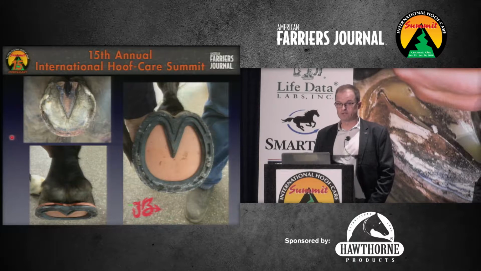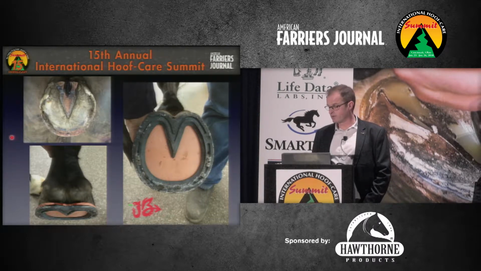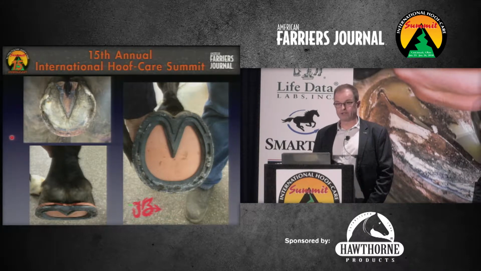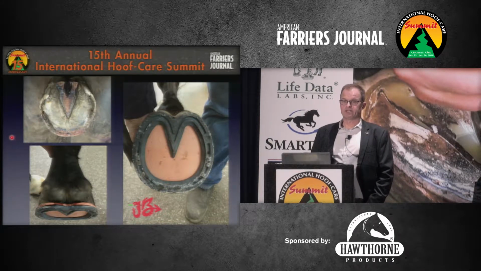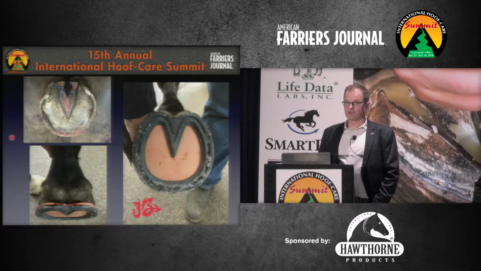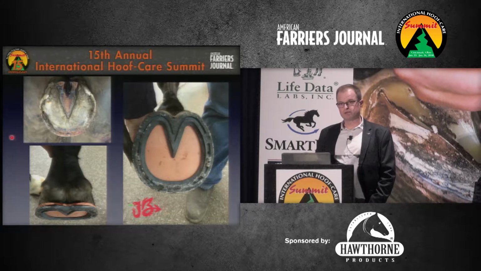So I knew with that horse, whatever I was going to do with him was going to be protect and support. This is a method that I use a lot: leather pad with a heart bar. JBs work just fine for me. I know some people have preferences, but Jim's with a leather, and I put magic cushion underneath as well. And I find that when I go back to the foot, I've got good live sole. I've protected the sole. I've not put it under a lot of load. So it's protect and support.